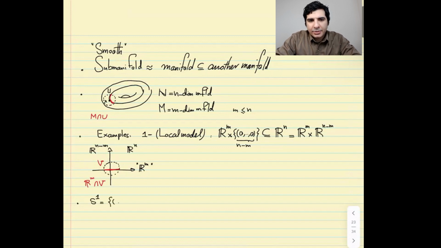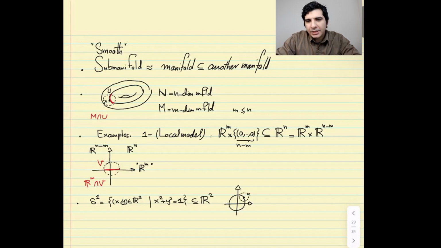Let's look at another example. Think about the circle S^1. We can define it as the set of points (x, y) in R^2 such that x squared plus y squared equals 1, right? Naturally, the way it's described is as a subset of R^2. The point is that the circle can be understood as a one-dimensional submanifold of R^2. So let's say this is R^2, this is the circle. This agrees with the picture we have.